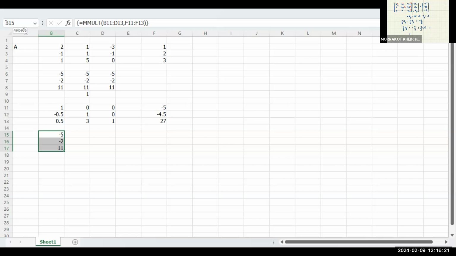Oh yeah, x3 equal to 3. So x2 is 3 times 2/3.